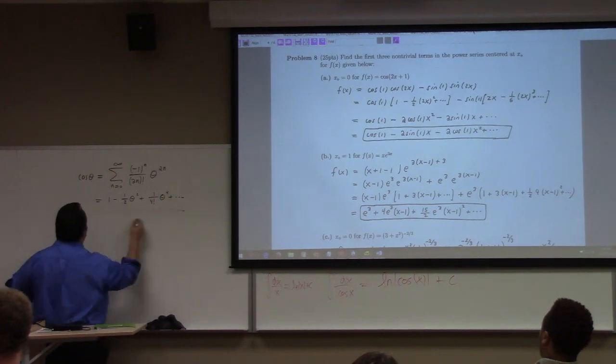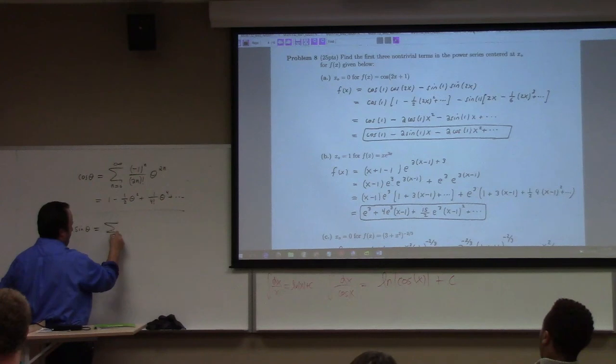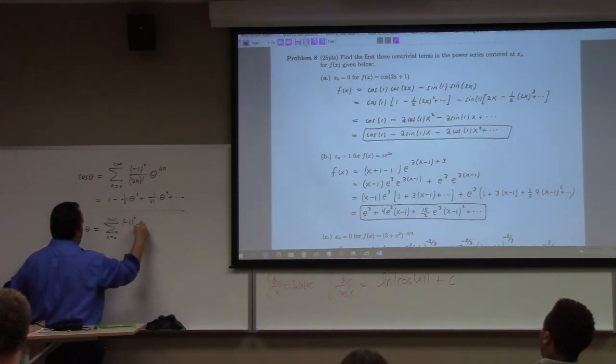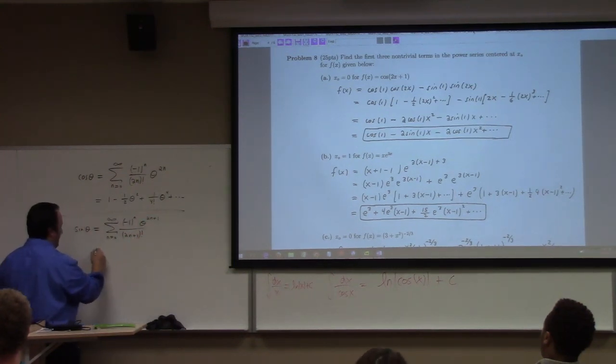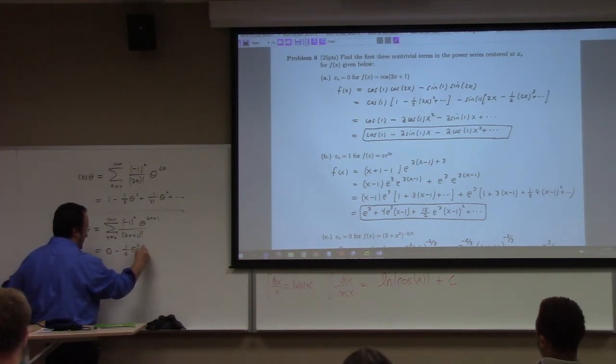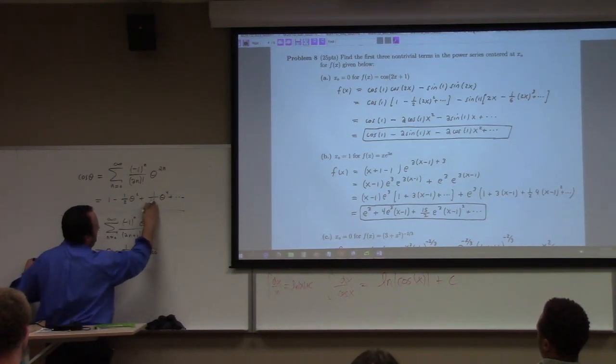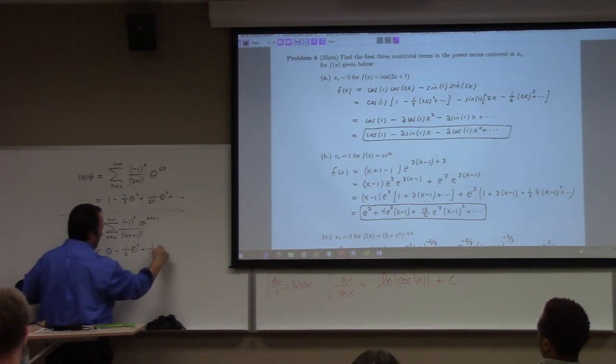So if you know that, and you know this, which is, by the way, first 3 terms, theta minus 1/6 theta cubed plus 1 over 120 theta to the 5th.